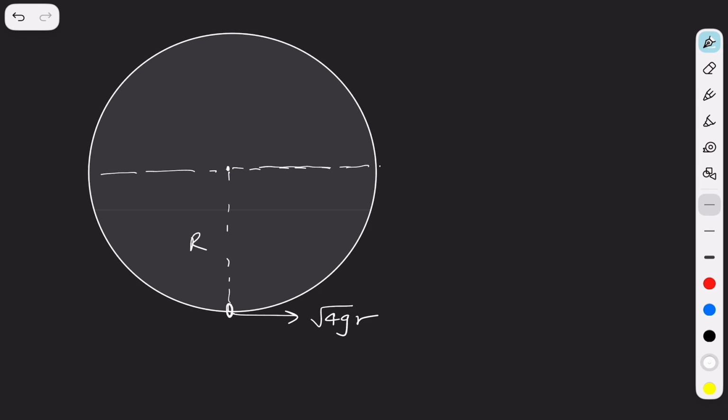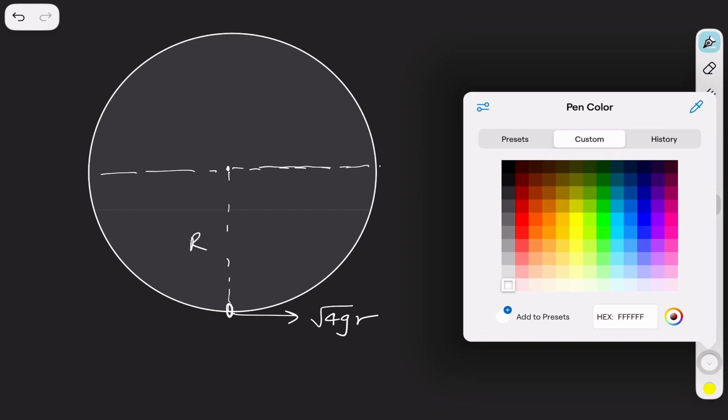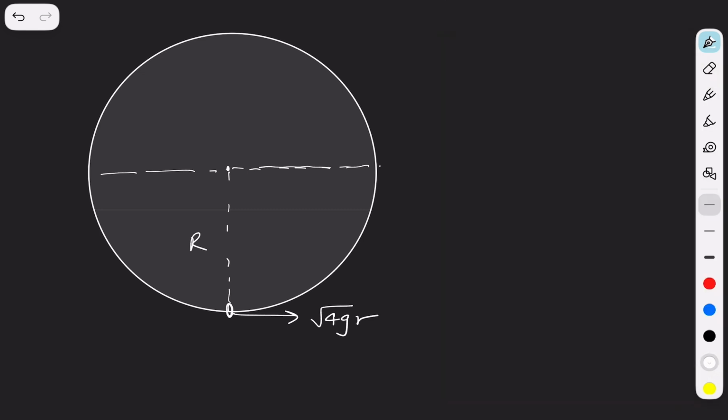For the lower half of the circle, even if the velocity were less, it would move this way only: it will go like this, go like this, go like this.